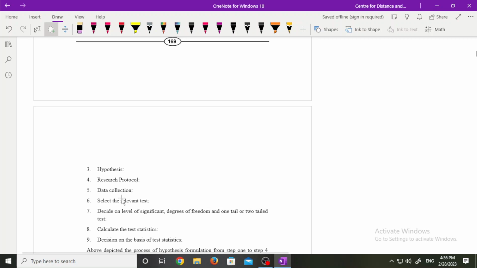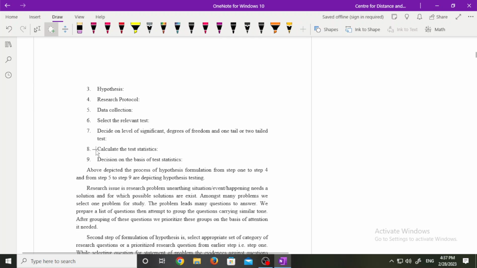Then data collection, select the relevant test, decide on level of significance, degrees of freedom and one tail or two tail test. Then we have to calculate test statistics and make a decision on the basis of test statistics. The above depicts the process of hypothesis formulation from step 1 to step 4, and from step 5 to step 9 depicts hypothesis testing.